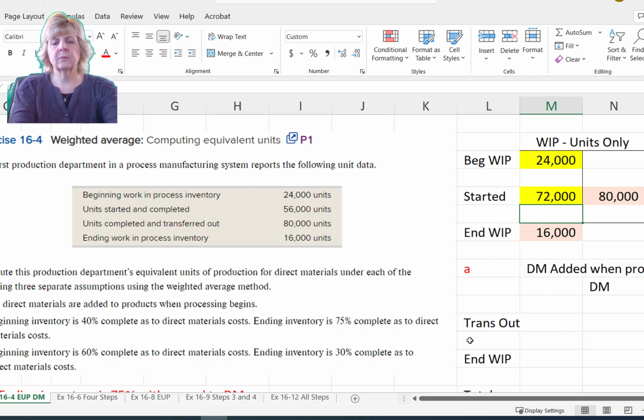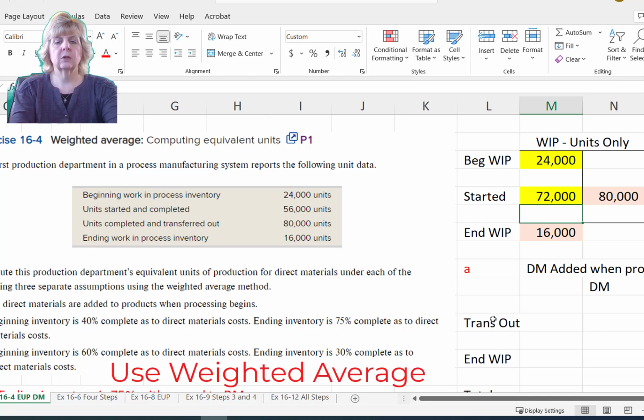We're using something called the weighted average method. Your appendix talks about the FIFO method of costing. As this is a survey class, all we're interested in is the weighted average method. That's actually going to make our lives easier.